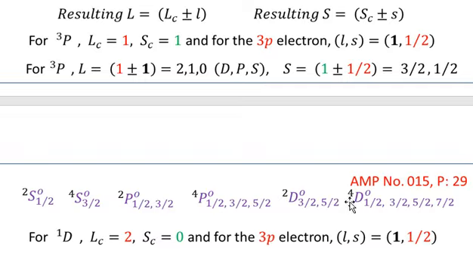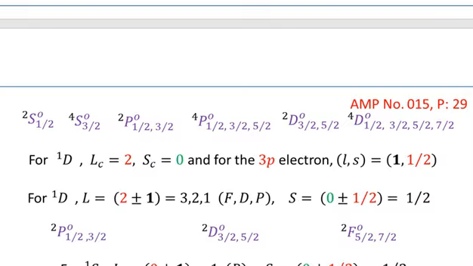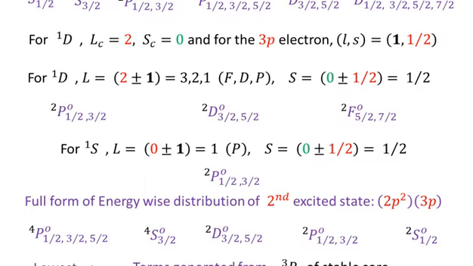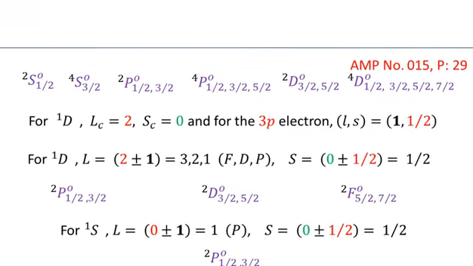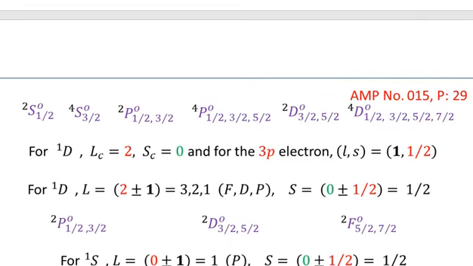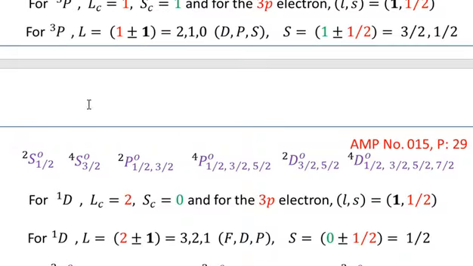So you see that some of the terms have multiplicity 4, and some of the terms will have multiplicity equal to 2. I have used O with each of these terms.